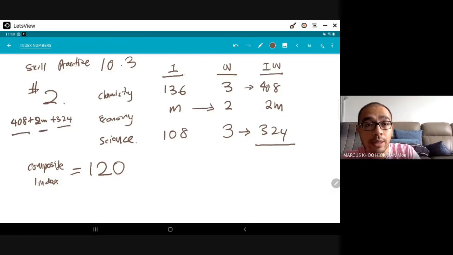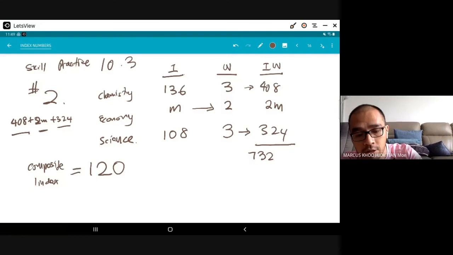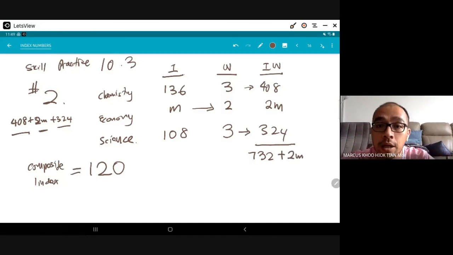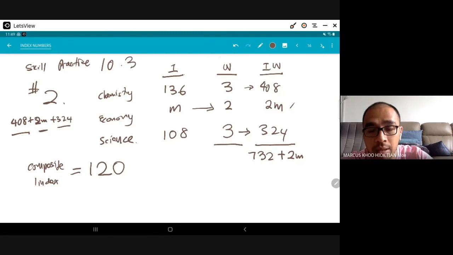So we will get 732. Is that correct? Yes, 732 should be correct. 732 plus 2M. We cannot really combine the 2M yet, don't worry about this. And then the total of W is 3 plus 2 plus 3, which will be 8.